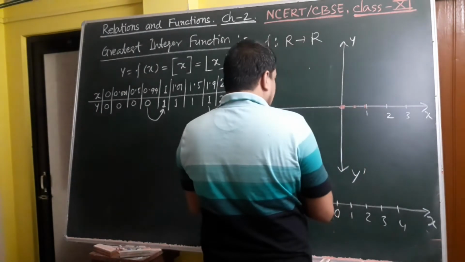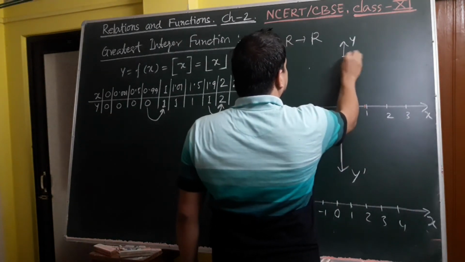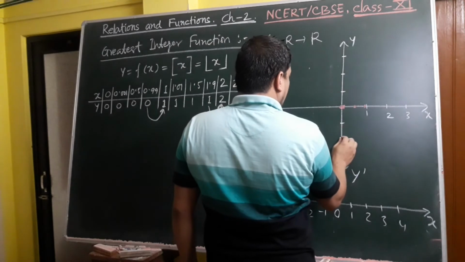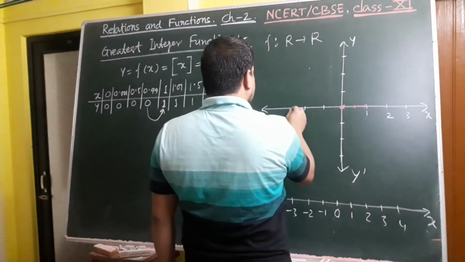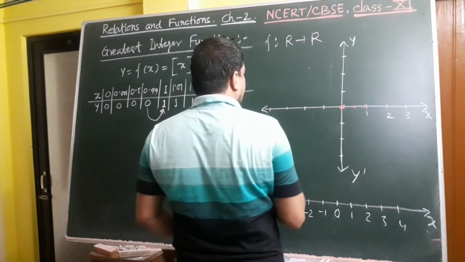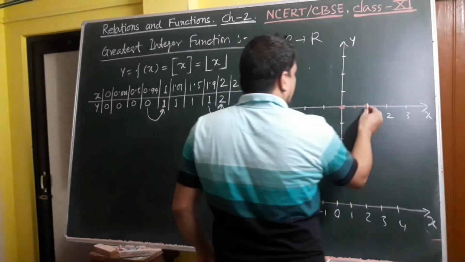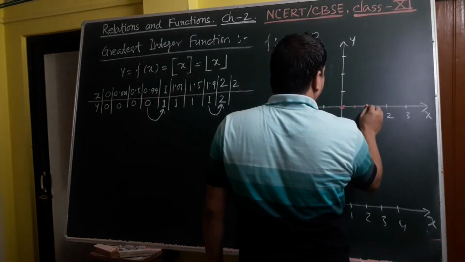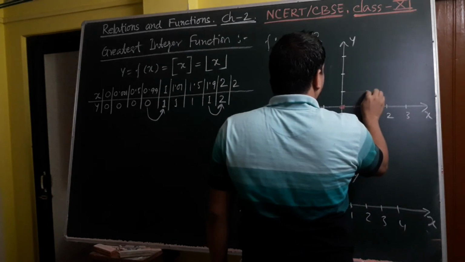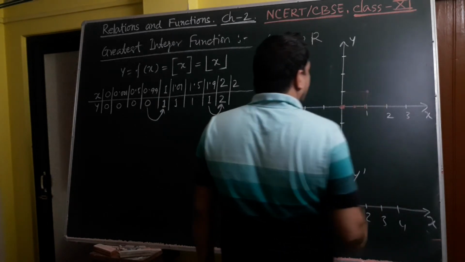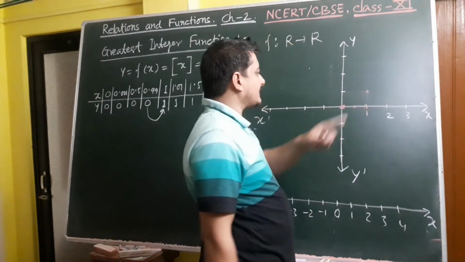Here I draw 1, 2, 3 like this, minus 1, minus 2, minus 3, minus 4 like this. So see, if it is 1, then it is 1. So at this point it will jump basically, and here I get 1 point. So I show it with the help of a solid small circle.